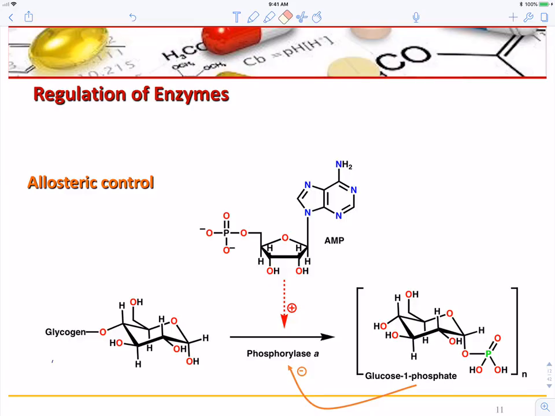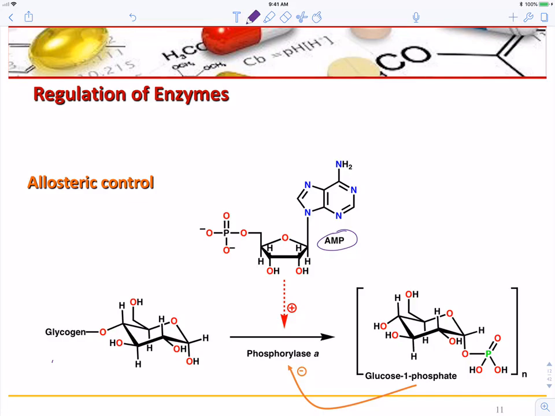So this enzyme is regulated in two ways. First of all, the enzyme requires AMP for the reaction. At high concentration of AMP, the enzyme is activated, its activity is enhanced.